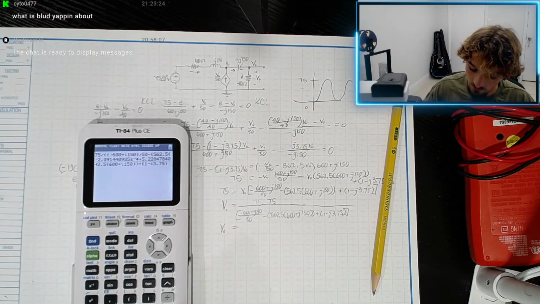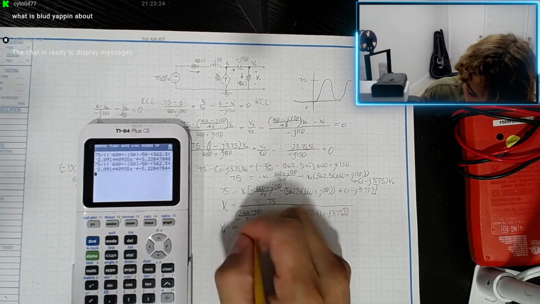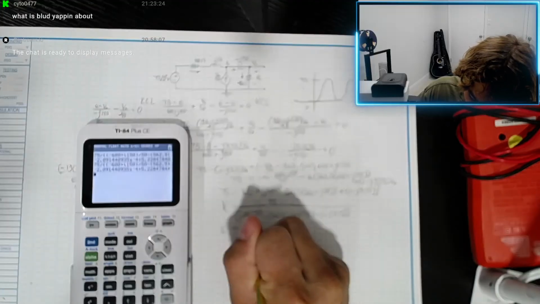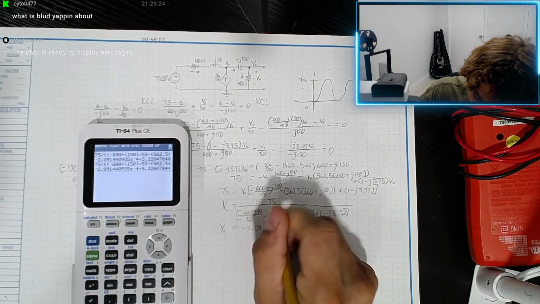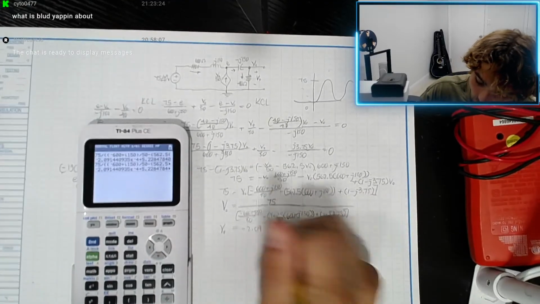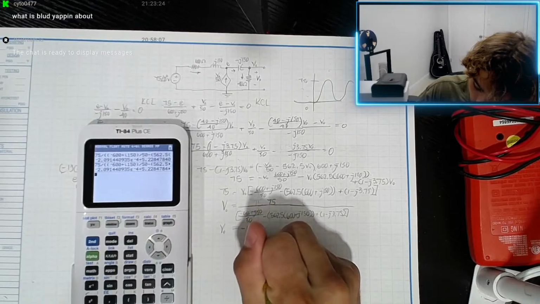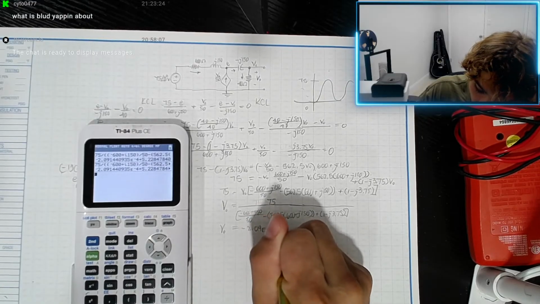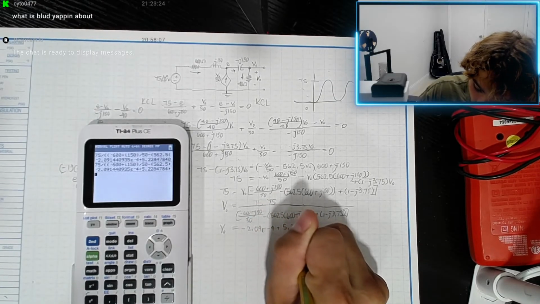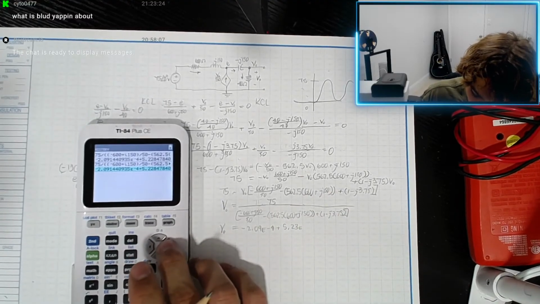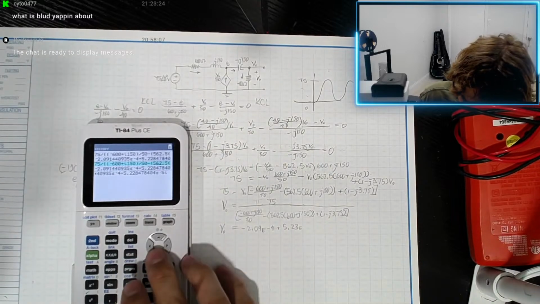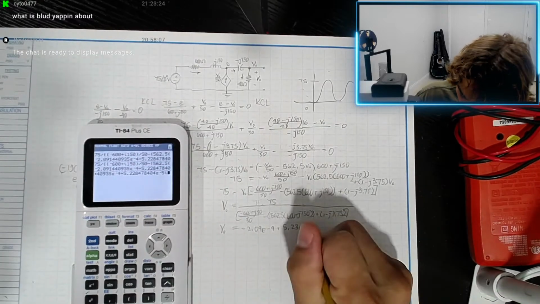I don't think I closed it. I didn't close it. Okay, so the final result is negative 2.09 e to the negative 4 plus 5.23 e to the... wait, right? No, it really is just e to the negative 5.